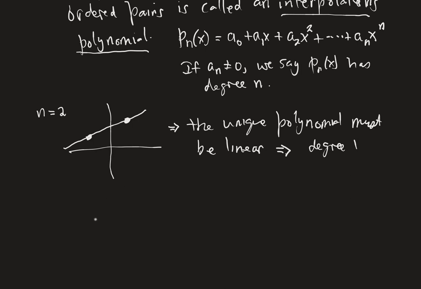Well, if I have 3 distinct points now, and let's say these 3 points are not collinear, so they don't lie on the same line, because if they do, then you just end up with a linear function. But let's say the 3 points are like this now. So n equals 3.